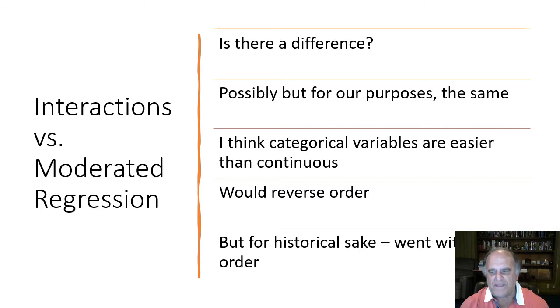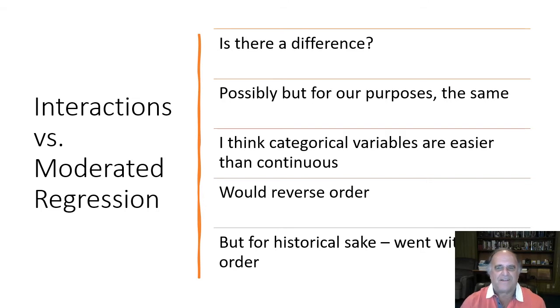Okay, one thing that not too many people discuss that really interests me, and I think it leads to a lot of confusion, is: is there a difference between interactions and moderated regression? I think yes, there is. I think there are important differences between interactions and moderated regression.